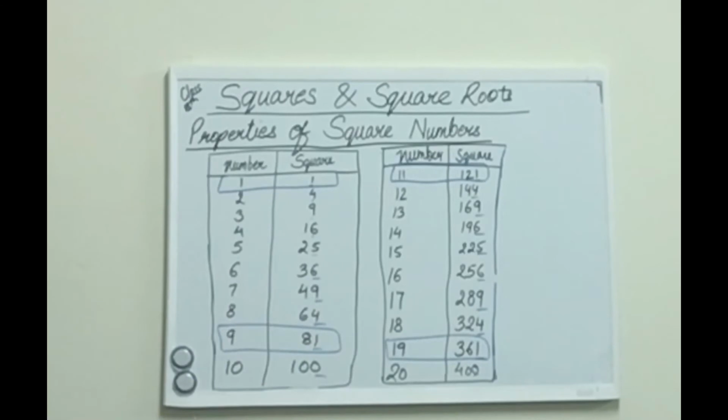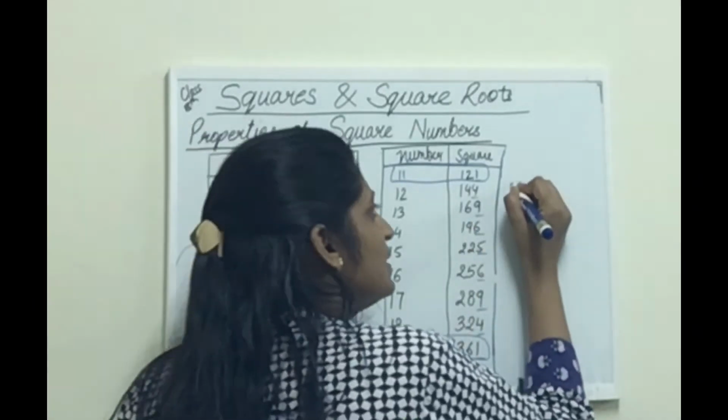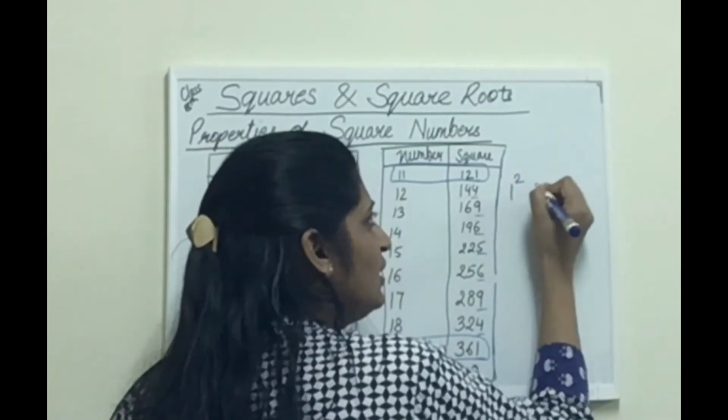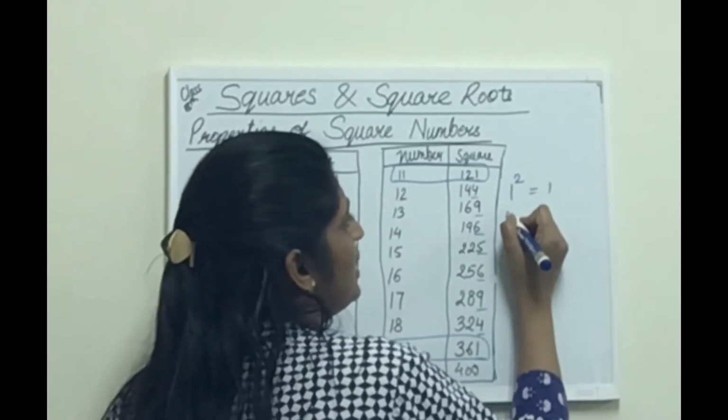I highlighted 1 square, which is 1, 11 square, which is 121, 9 square, which is 81, 19 square, which is 361. Now, I hope you get what I want to say. Yes, you are correct. Square of 1 is 1.